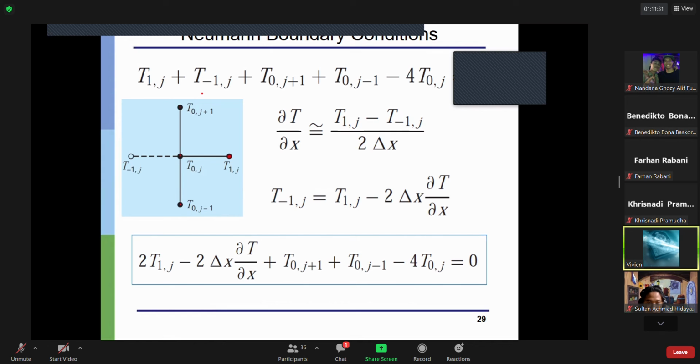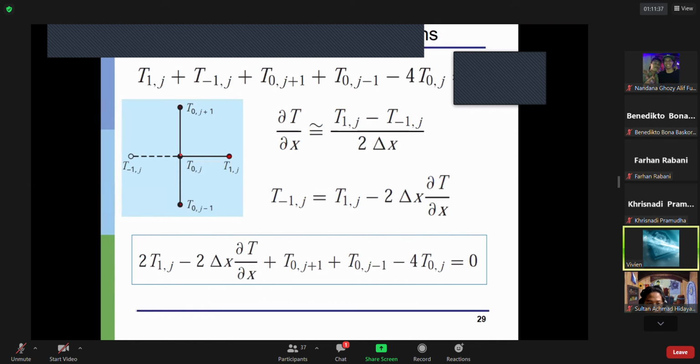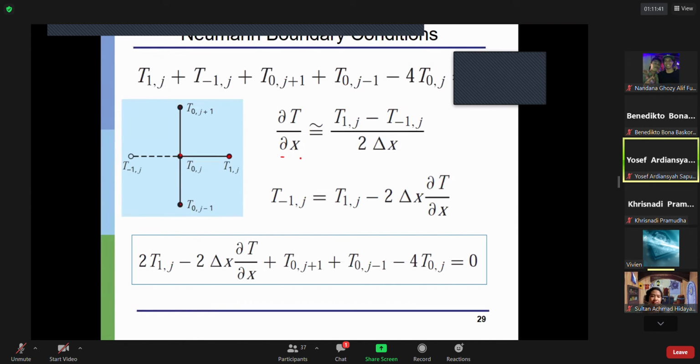Now, if the heat flux is defined at this boundary point, it will be calculated using the second order central difference scheme as well.